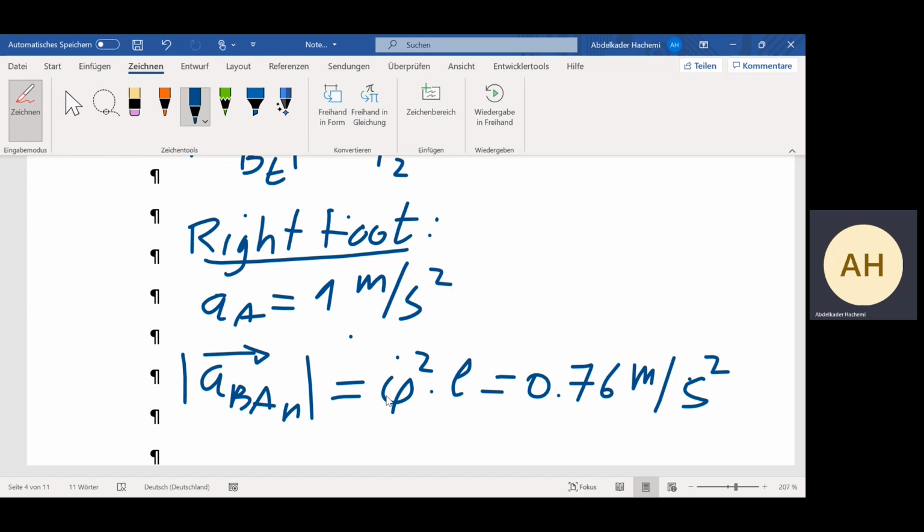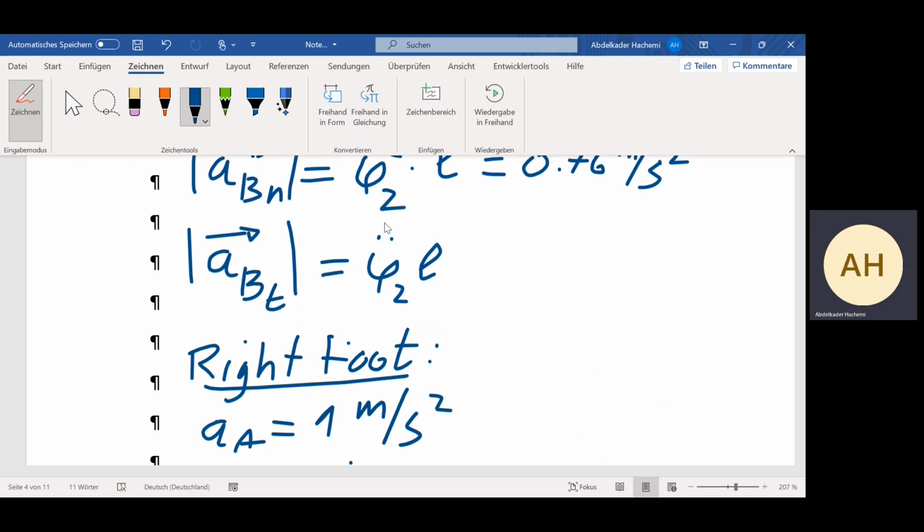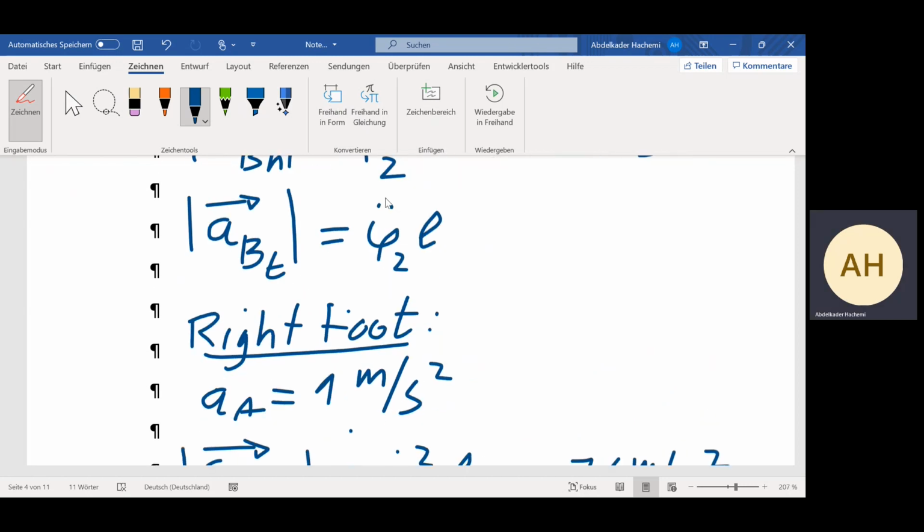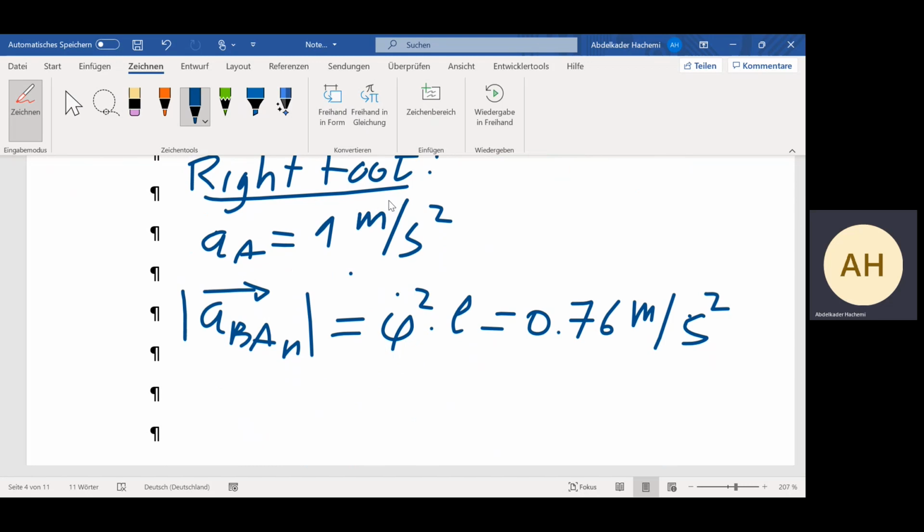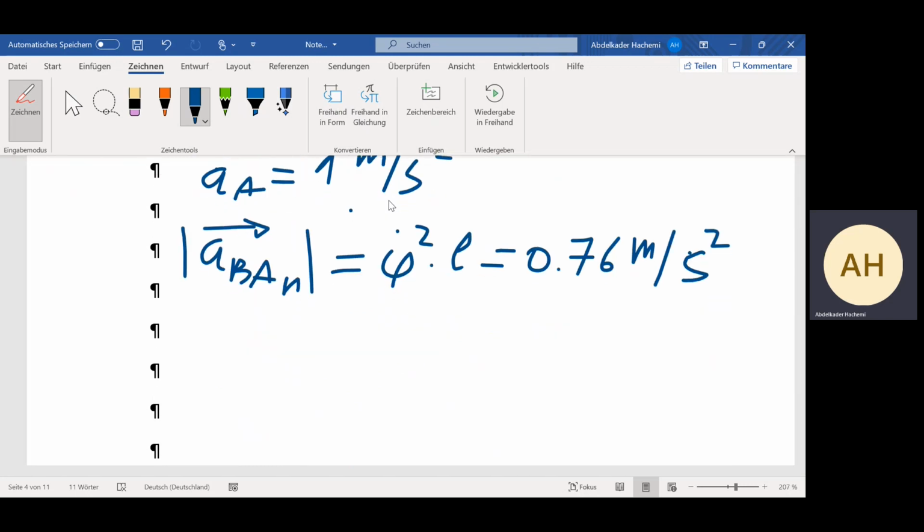Phi dot is only phi dot 2, with opposite sign. And we have ABN, and ABT, the tangential one, which is equal to phi dot dot L. Phi dot dot is unknown, but we know the direction.